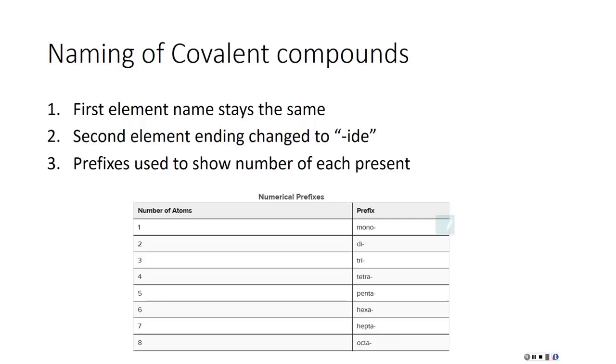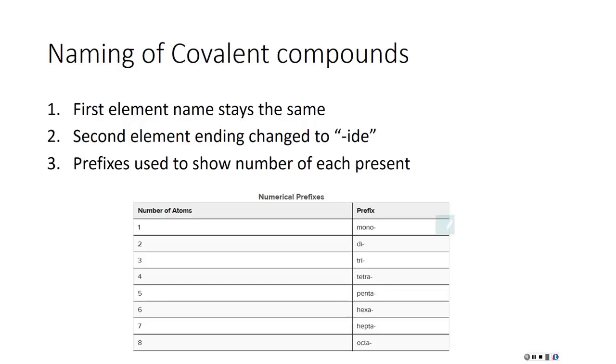One other thing I should mention is that you are not ever going to be asked to predict the formula for a covalent compound. In ionic compounds, I said what compound would form between calcium and chloride, and you can look at the charges and figure out what that compound would be.